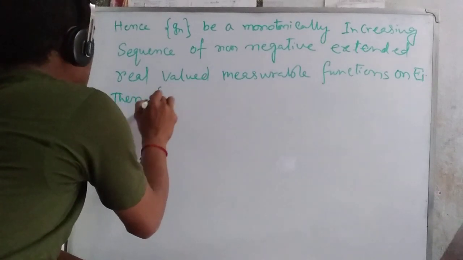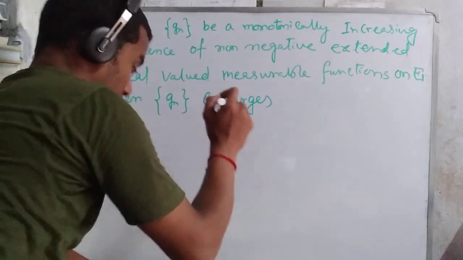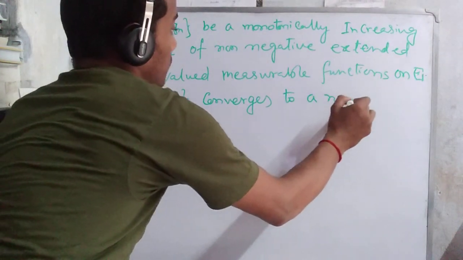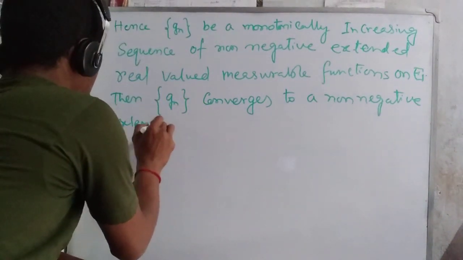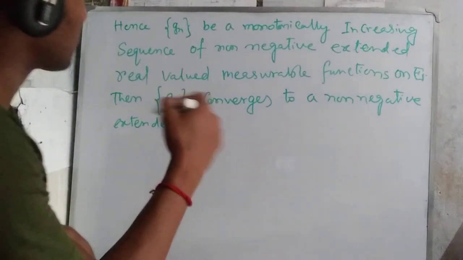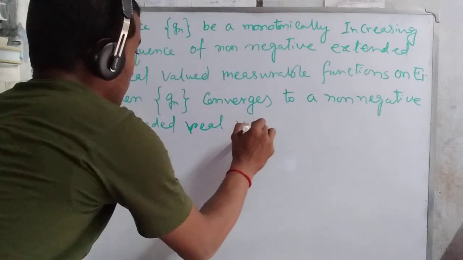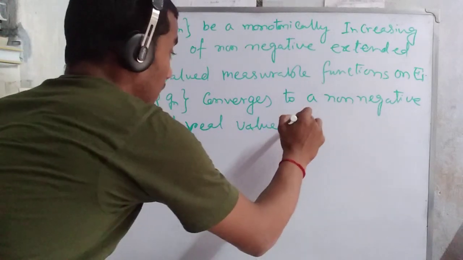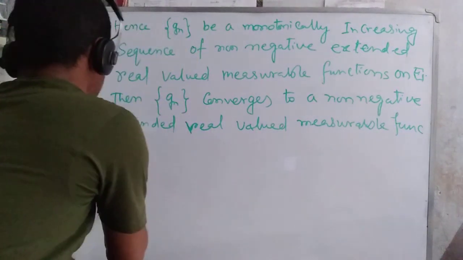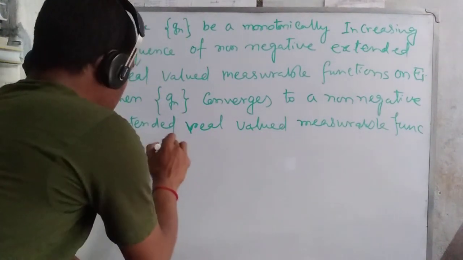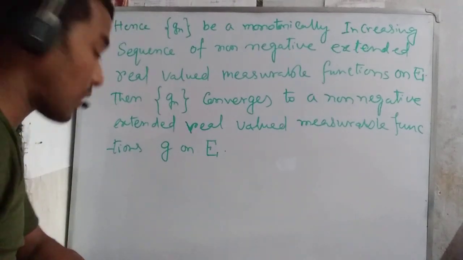Then what happened? Then Gn converges to a non-negative extended real valued measurable function G on E. Okay, hence what happened?